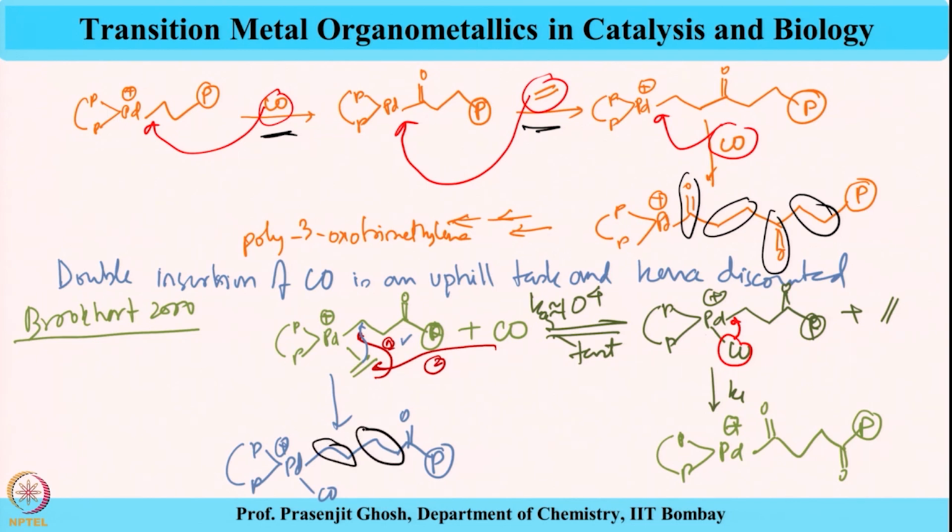Now, this and this let us say is given by K1 dash. So, the ratio of K1 by K1 dash is approximately 10 to the power 200.